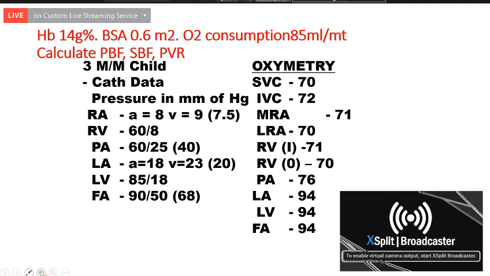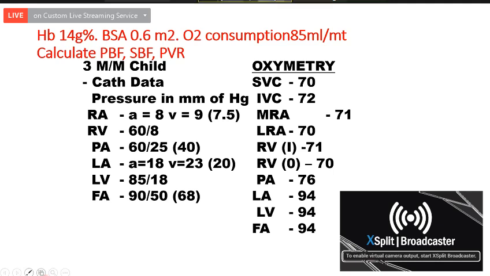So what is your diagnosis? In pressure, sir. Okay, pressure. RA A is 8, V is 9, mean is 7.5. Normal. Okay, right. Or maybe the V wave is slightly on the higher side. The A and V wave in the right atrium is up to 8 millimeters, so it is 9. So borderline elevation. Right. RV is 60, which is elevated.